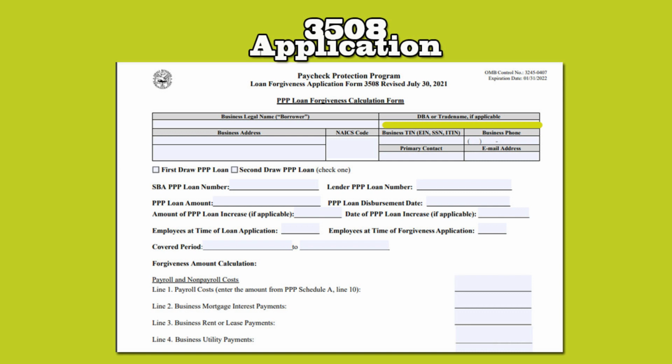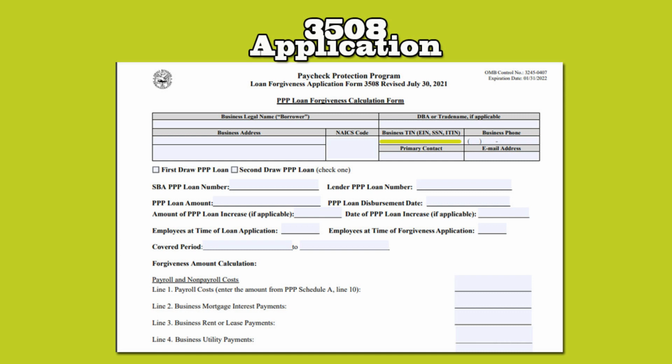The business address section is self-explanatory. You would put your business address. Make sure that business address is the same business address that you utilized on your Form 2483 when obtaining your PPP loan. The business tax ID number, or the EIN number, Social Security number or ITIN number.